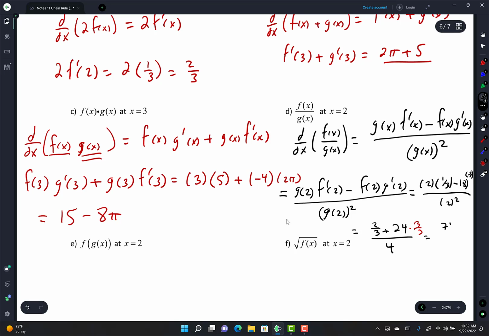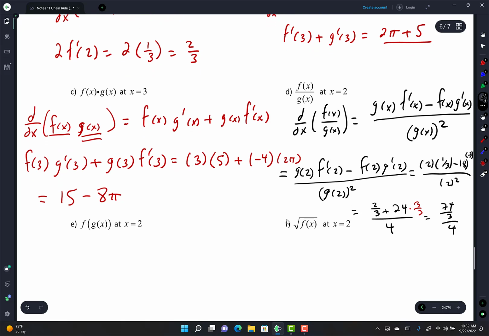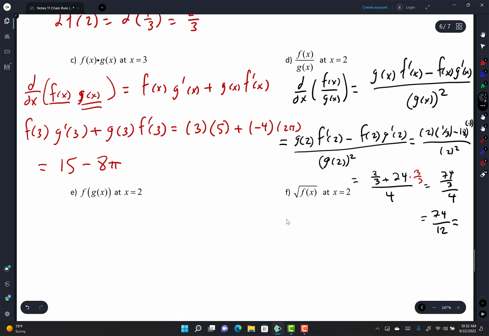So 74 over 3 over 4. And then just bring that 3 to that 4 there, right? So 74 over 12. But that reduces. 37 over 6. Yep, that's the final answer. There it is. 37 over 6.